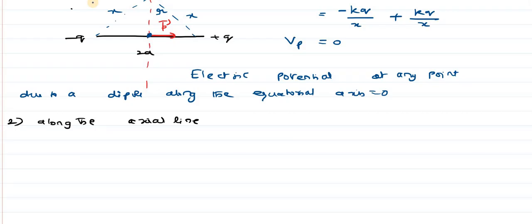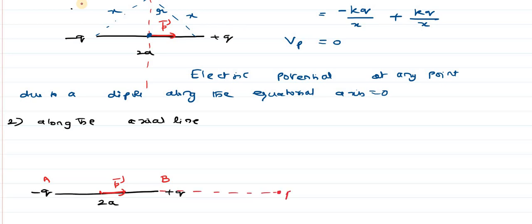Same treatment: minus q and plus q, and the distance between them is 2a, and the dipole moment is p in this direction. Let us consider minus q at A and plus q at B, and we are going to find the electric potential at a point P along the axial line.